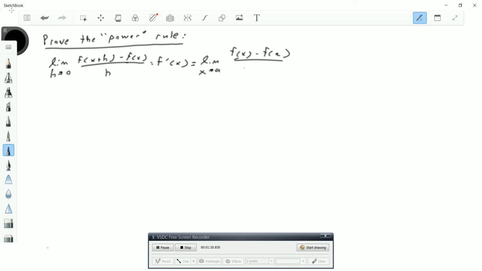And hopefully you can see how these are the same, but basically what's happening is you're just taking the limit as 2 points approach each other of the slope formula.